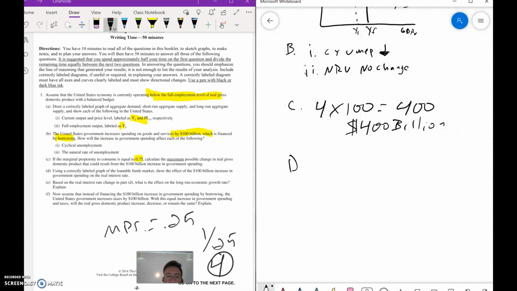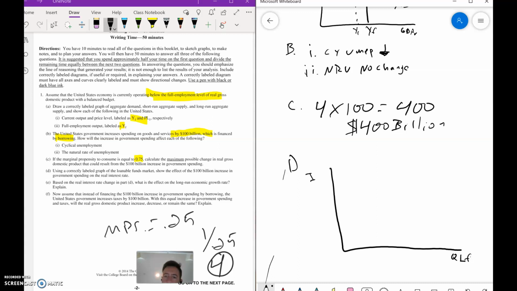Let's look at D. D says, graph your loanable funds market and show the effect of a $100 billion increase on government spending on real interest rates. Remember, real interest rates should have told you that you're drawing the loanable funds market. So let's draw it. We have QLF.